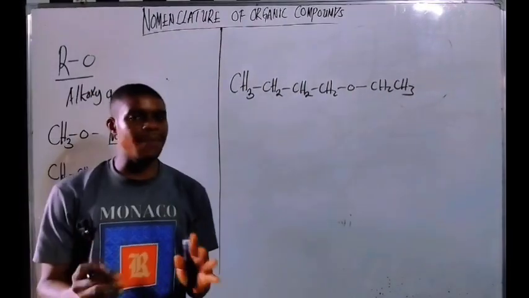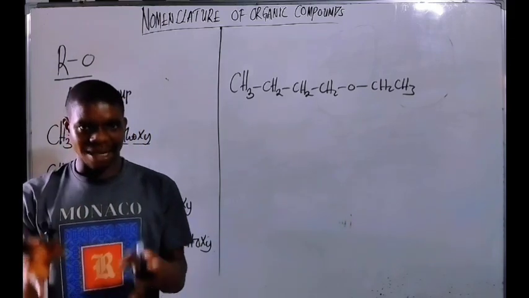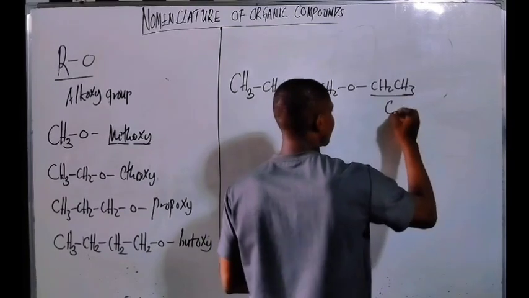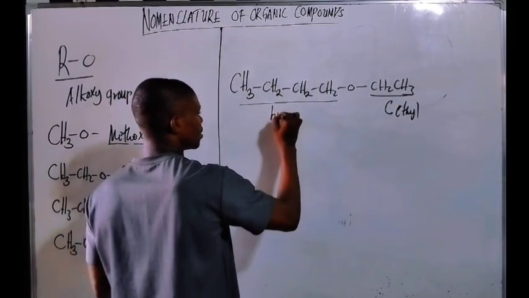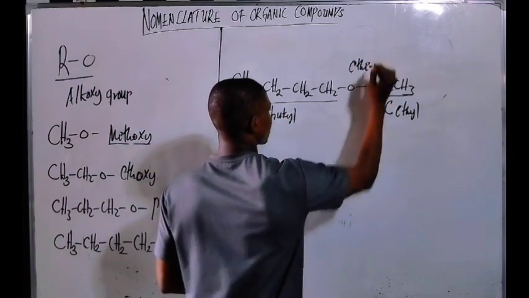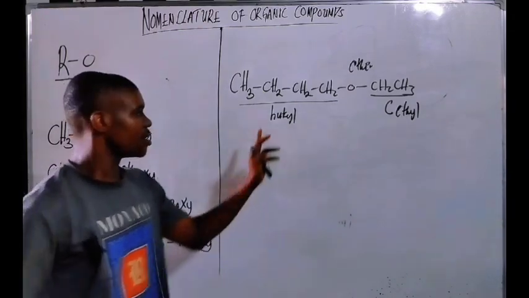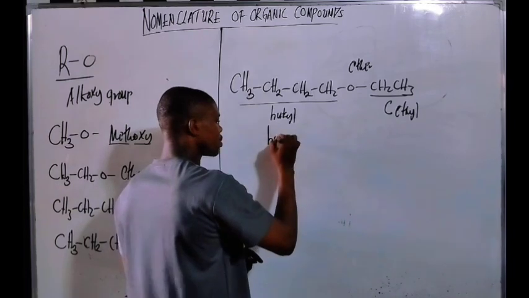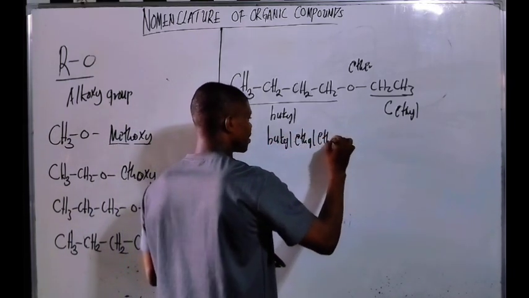Normally, if you want to name it as an ether, it's very easy: we have ethyl, we have butyl, and ether. Alphabetically, it's going to be butyl ethyl ether.